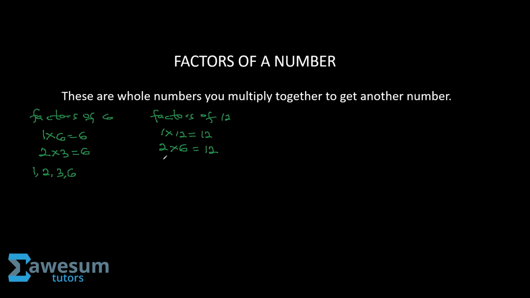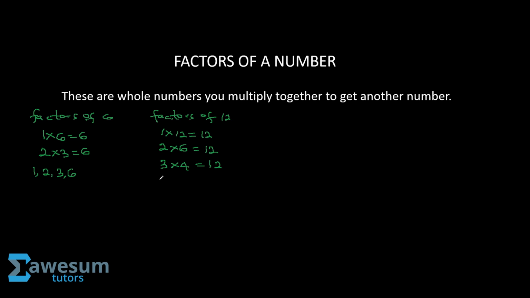Again, working your way up. What about 3? 3 times 4 also gives us 12, right? What other numbers? 4 times 3, which is the same thing as 3 times 4, then 6 times 2, right? So that tells us that these are all the factors of 12.